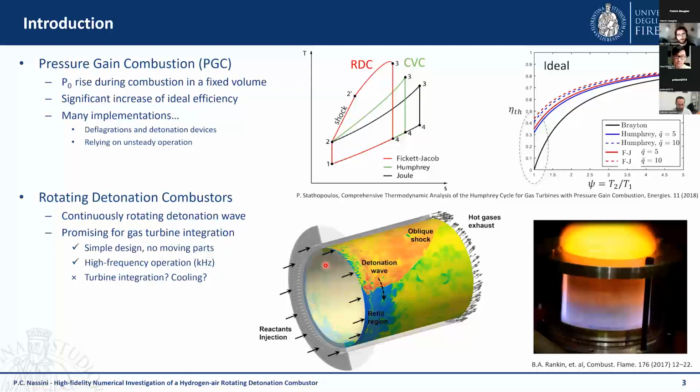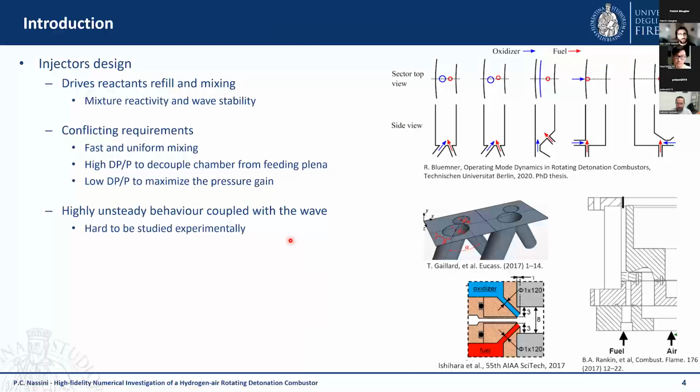One of the most critical aspects in rotating detonation combustors is the injector design. This is because, of course, this drives the reactants refill and also the mixing inside the combustion chamber, which in turn drives the mixture reactivity and also the wave stability, so it is able to discern between a chaotic propagation of the wave and a regular pattern of the wave, which is of course what we want inside this combustor device.